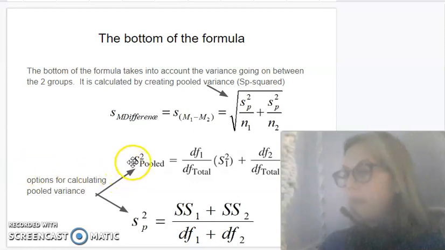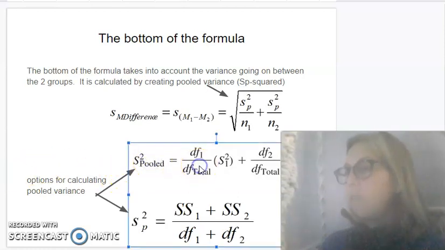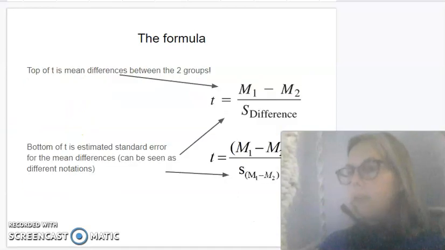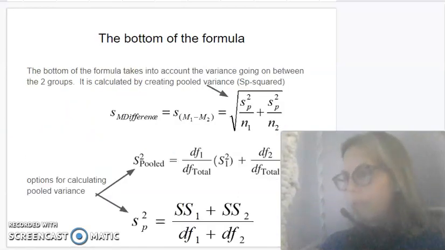This first one up here, you're going to use this one in your homework set, and then you're going to take that number you get and put it into this formula right here. So I am going to give you a little bit of a challenge calculation problem, and then you're going to take that number, and that number is the bottom of your t, and then you would also look at the mean differences that are provided, and we're going to get through that in an example in a minute.